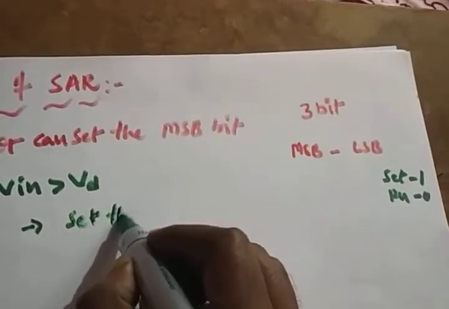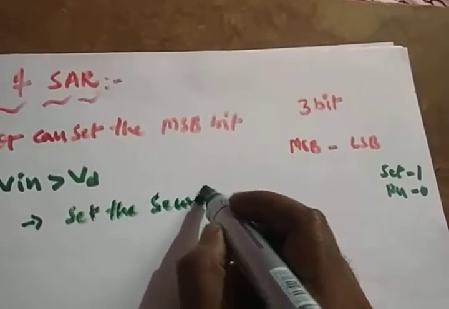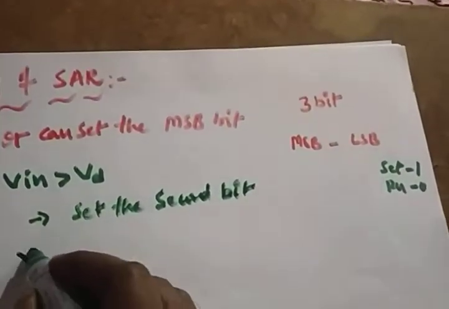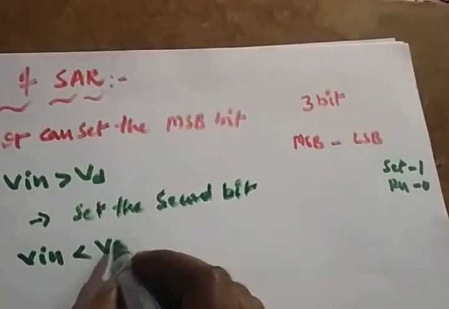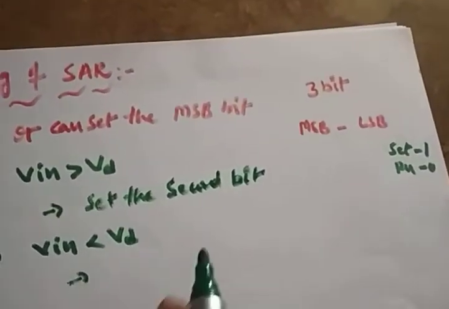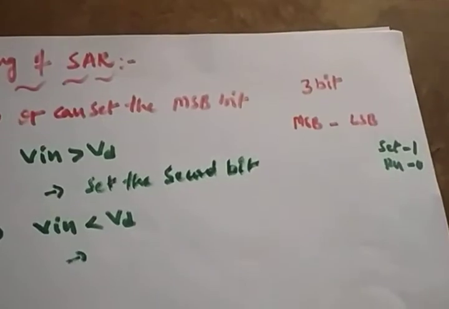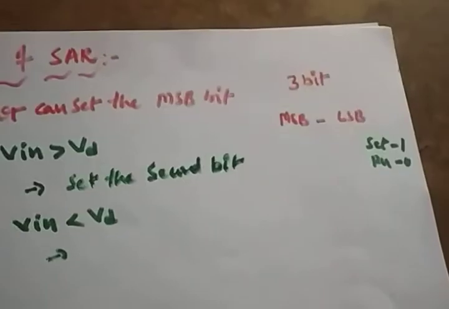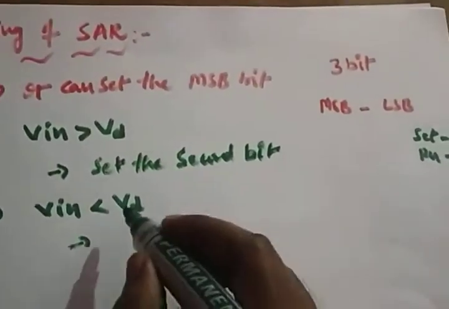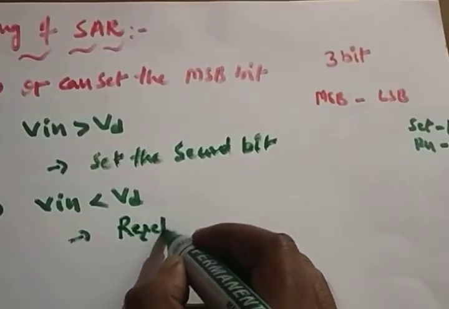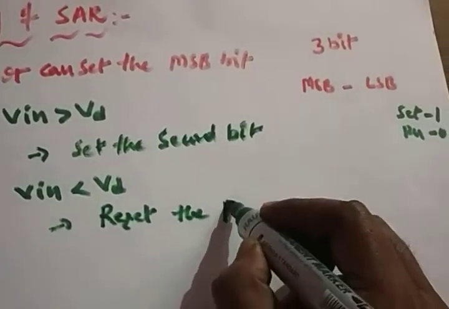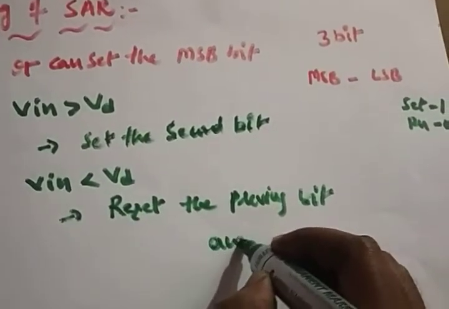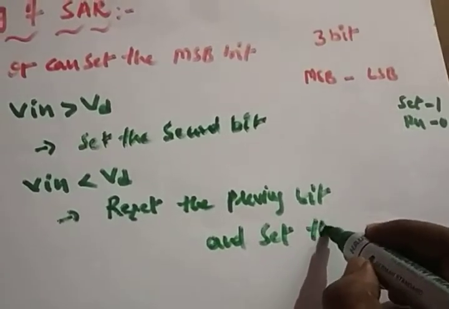Third, if Vin is less than VD, here the typical nature will come: it can reset the previous bit and set the next bit.